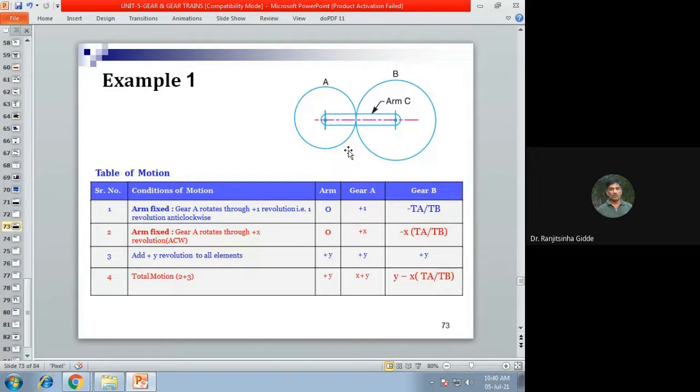No change, the same example, that's why I have taken.